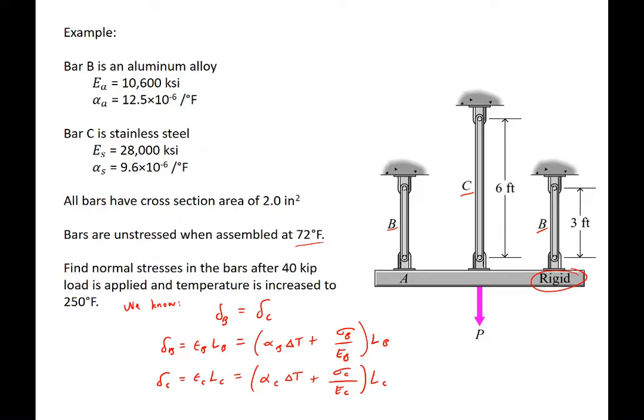All right, so let's continue. Basically what we want to know is the normal stresses in the bars. We want to know sigma B and sigma C. So we can write the following.